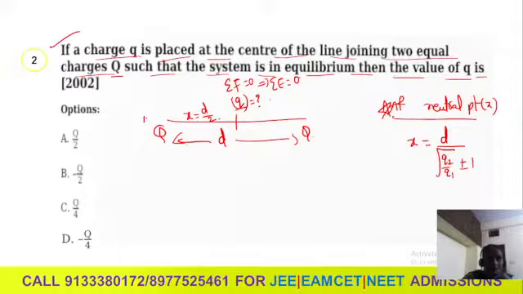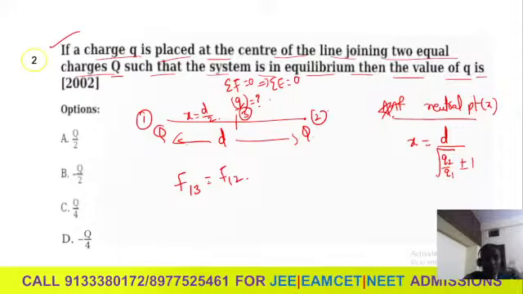And I can take here when Q is in equilibrium at that point and it is from the first charge. So you can apply here this condition. This is the third charge. Force between 1 and 3 equal to force between 1 and 2.